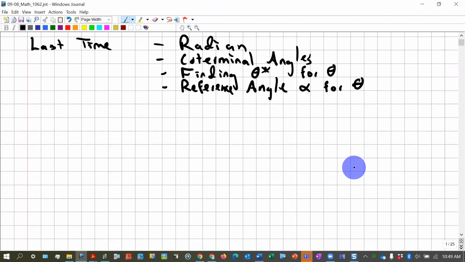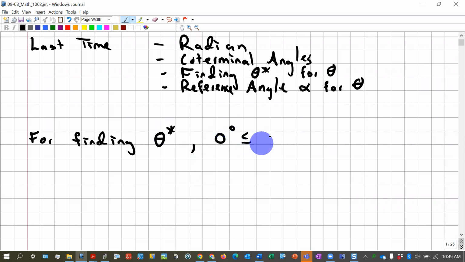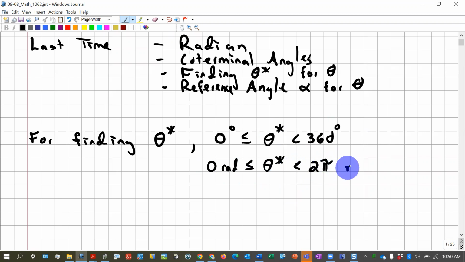So, for finding the angle theta star, that in degrees is between 0 and 360 degrees, or in radians is between 0 and 2 pi radians.